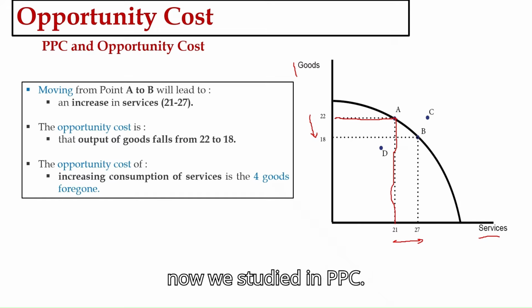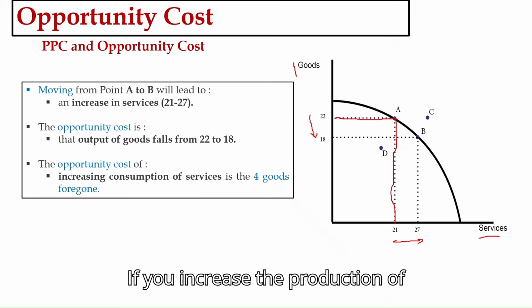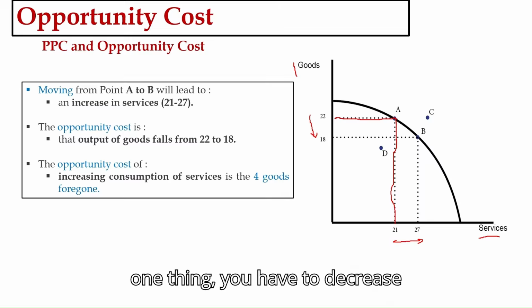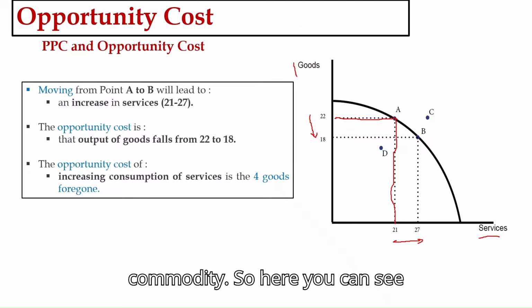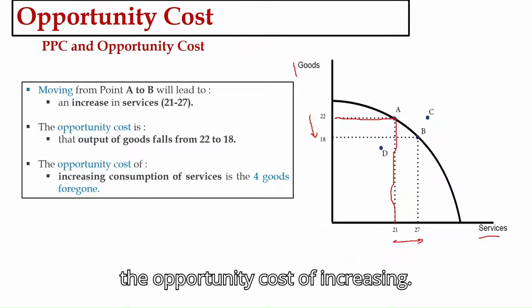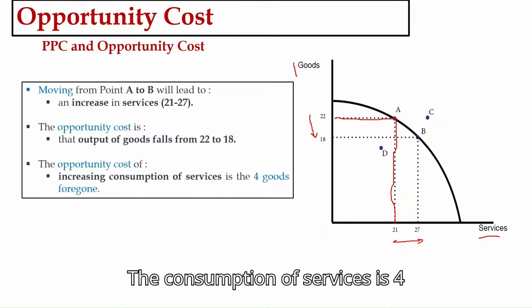Just now we studied in PPC: if you increase the production of one thing, you have to decrease or reduce the production of another commodity. So here you can see the opportunity cost of increasing the consumption of services is 4 goods foregone.